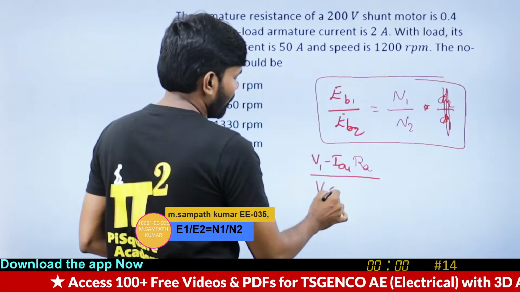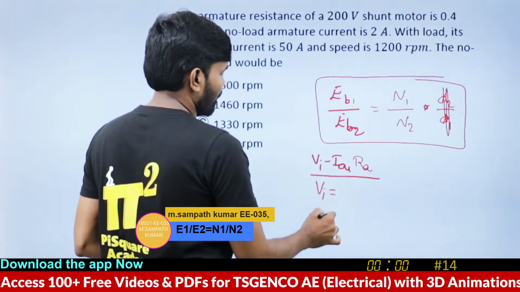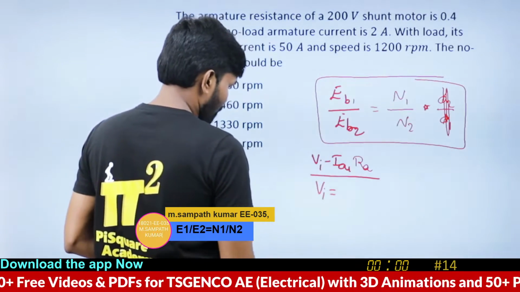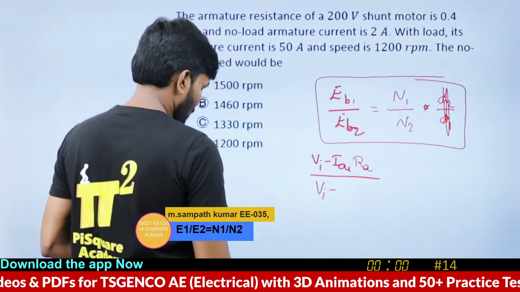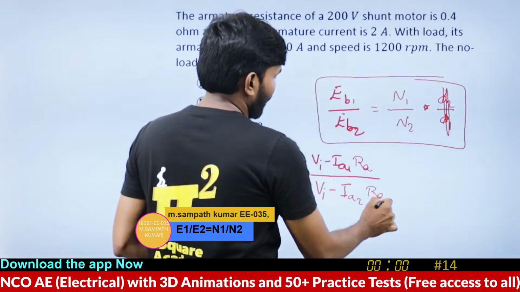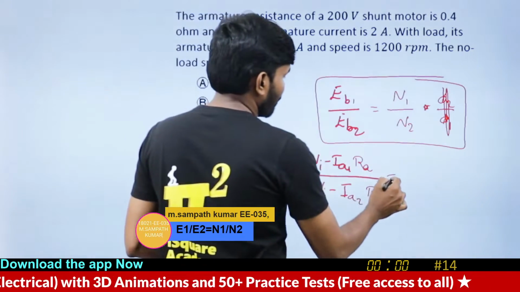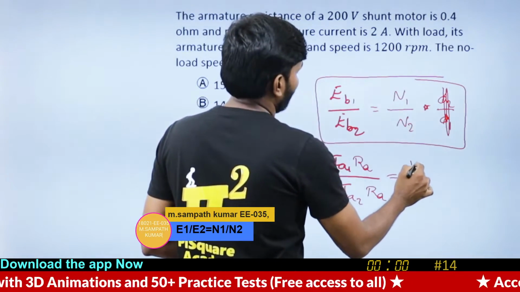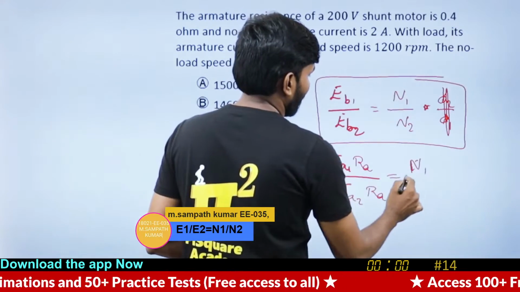Same input voltage Vin minus IA2 RA is equal to N1 by N2.